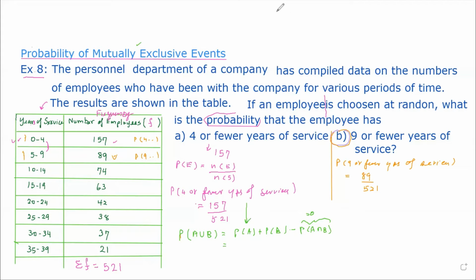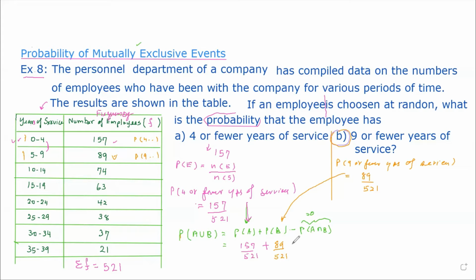P of A means the probability of 4 or fewer, so you refill it here: 157 divided by 521, plus P of B. P of B means the question B here, so you have 89 over 521.